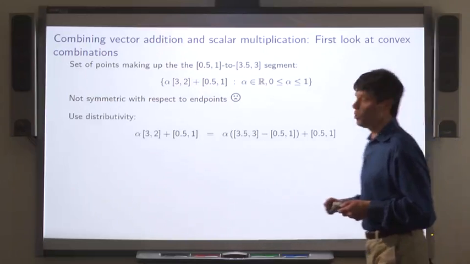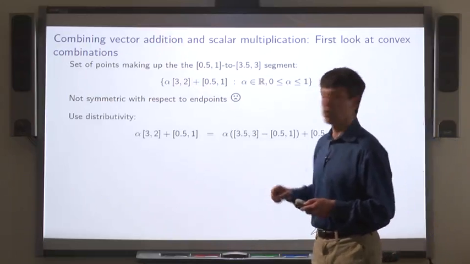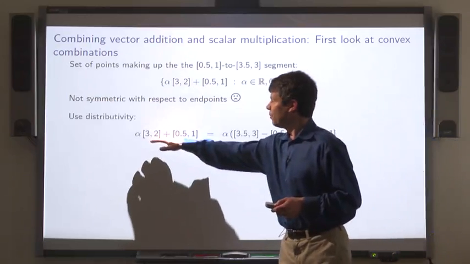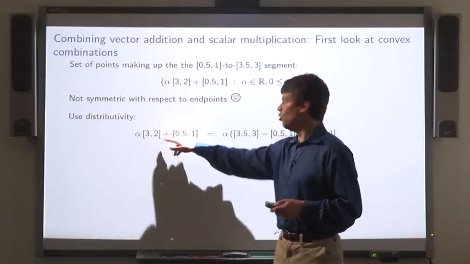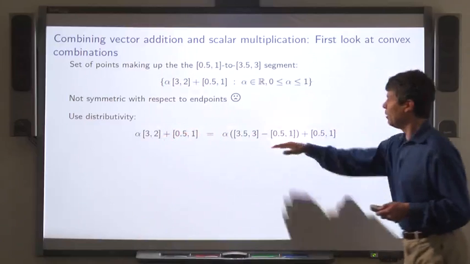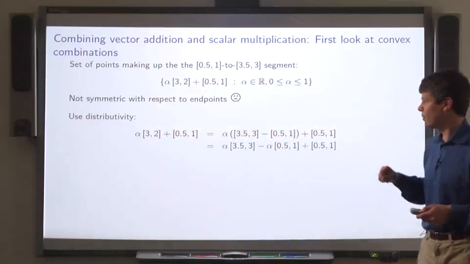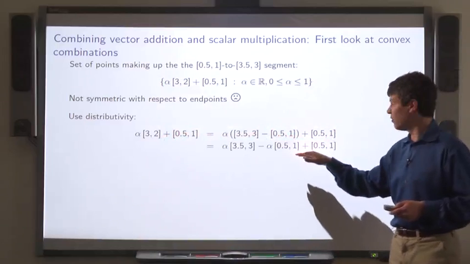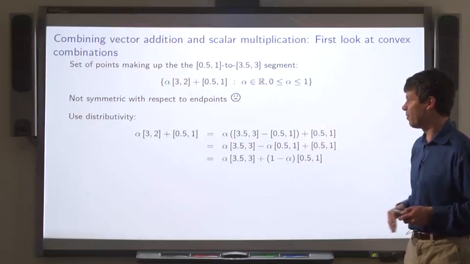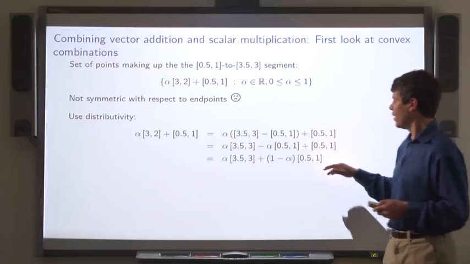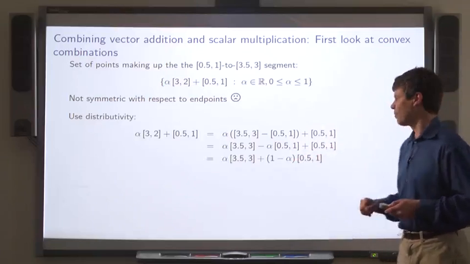So we're going to use the distributive law to reformulate it. So alpha times [3, 2] plus [0.5, 1] can be rewritten in this way using the distributive law. Another application of the distributive law gives us this, and we can rewrite that in this way.